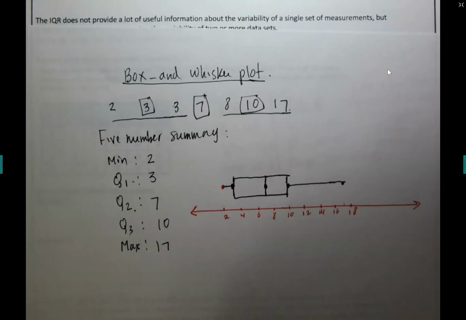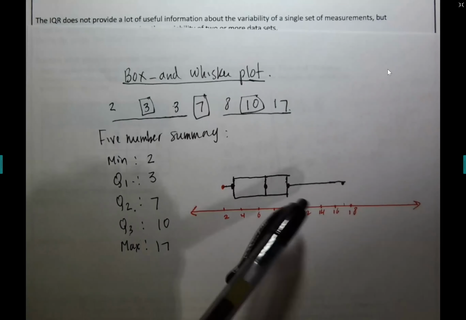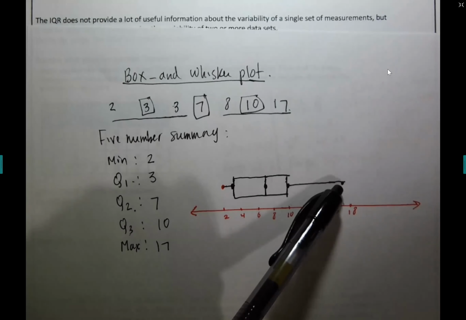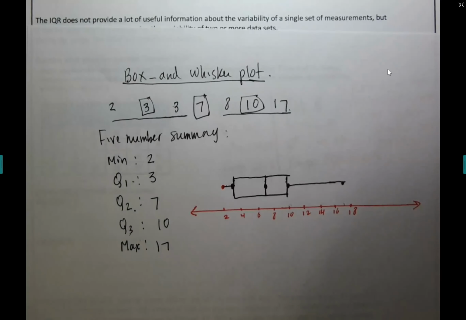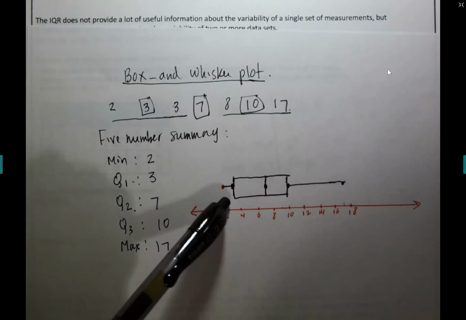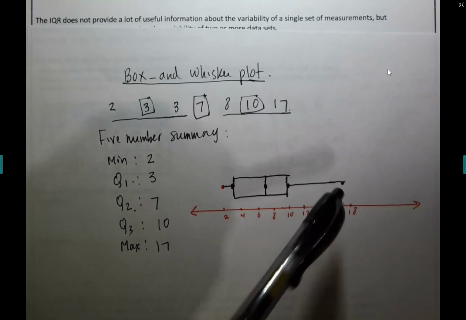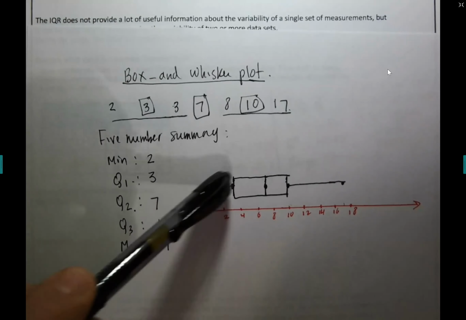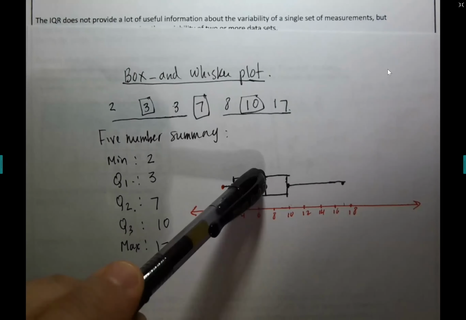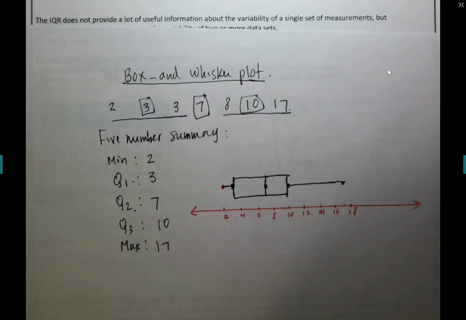What can you tell just from this one? I see a longer tail to the right, guys. There's a smaller tail on the left, but a larger one on the right. If the box is not symmetric, like this one is not right half in the middle, you can conclude that the data is not symmetric, just from the box and whisker plot.